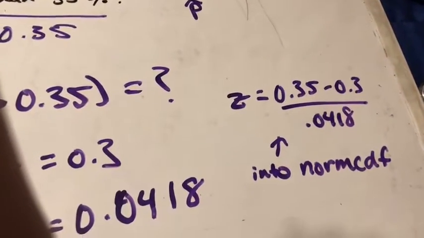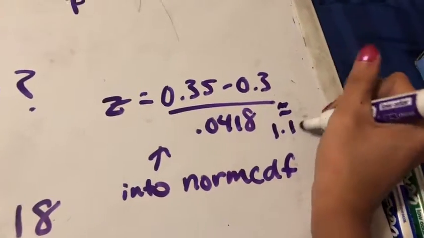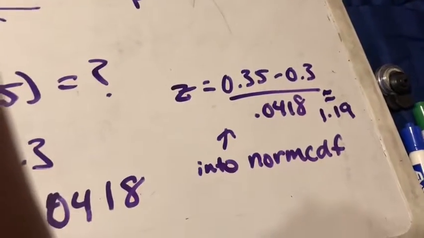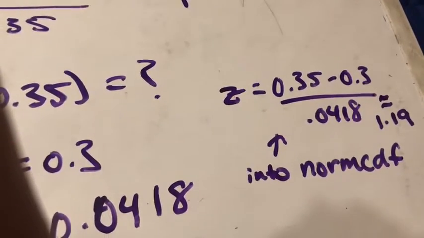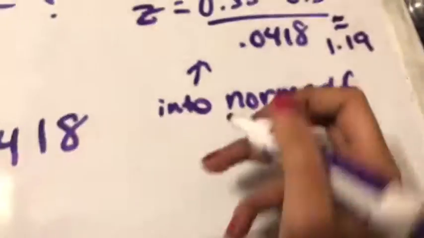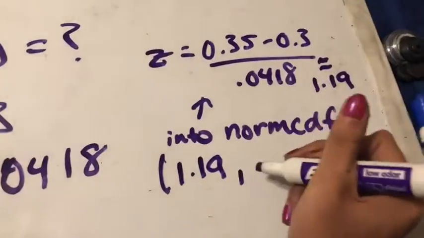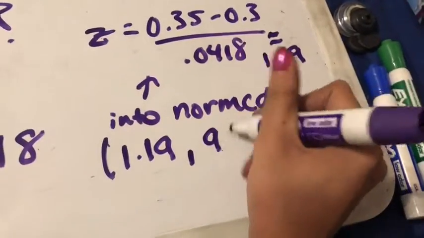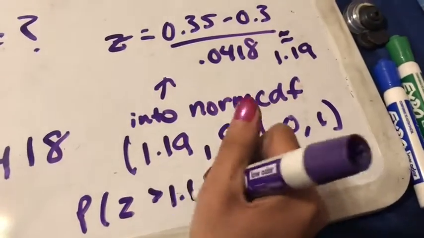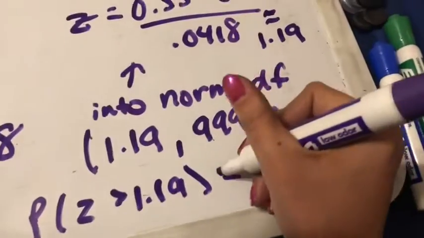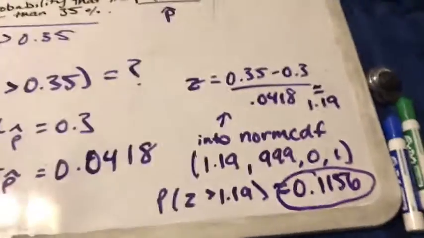In this case, since we are trying to find the probability of having a proportion greater than 0.35, you put the z-score in on the lower bound. The final answer should be around 0.1156.